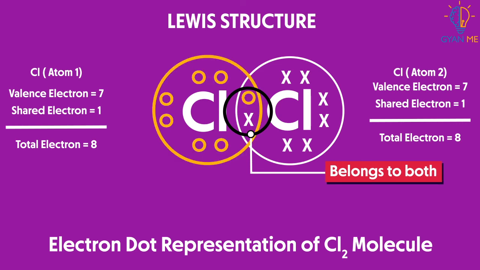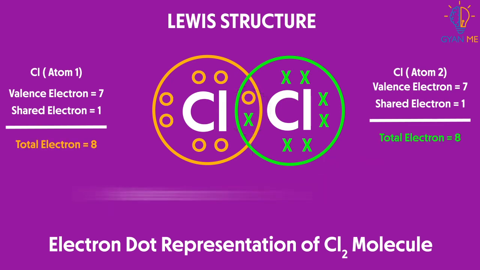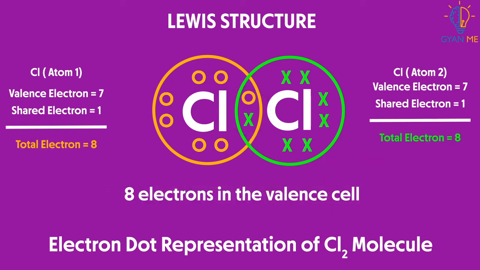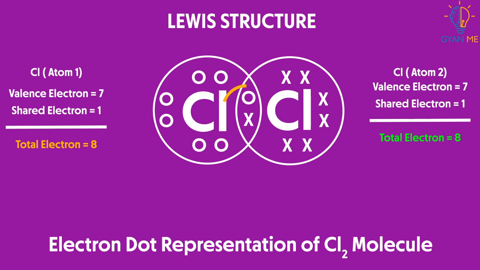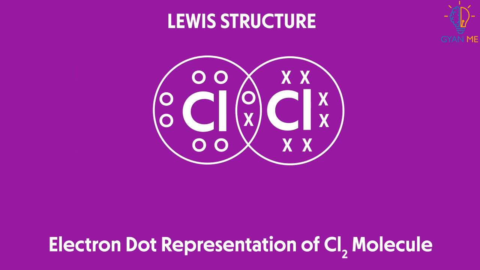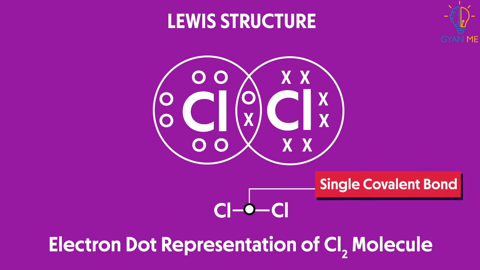So both chlorine atoms now have an octet configuration, that is 8 electrons in their valence shell. You can see 7 electrons of their own and 1 from the other atom. And this is a single covalent bond between chlorine atoms, thus forming chlorine molecule. Again, this dash represents single covalent bond.